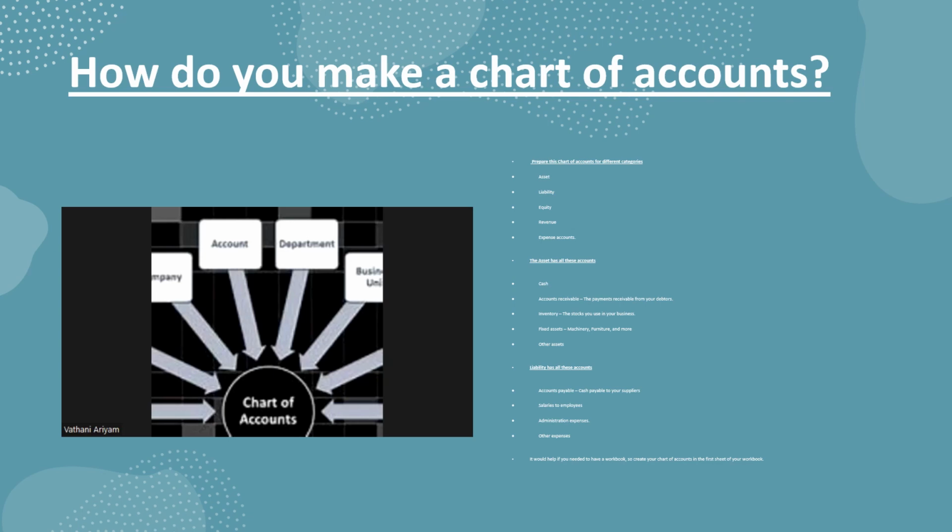Some of the subcategories that could be under the revenue account are sales discount account, sales returns account, interest income account, etc. Each revenue gets a number starting from 4000.